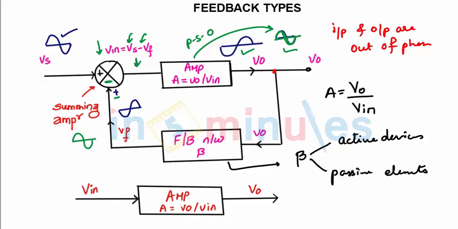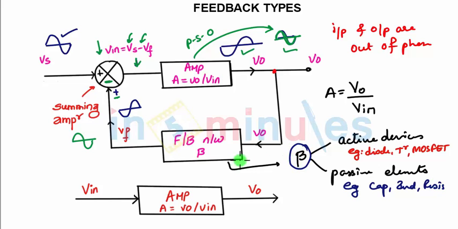What are active devices? We have already studied: diode, transistor, MOSFET can be part of active devices. And what are passive elements? For example, capacitors, inductors, resistors. These are the parts of beta that you can have in the feedback network. The amplifier can again be an op-amp or a transistor.